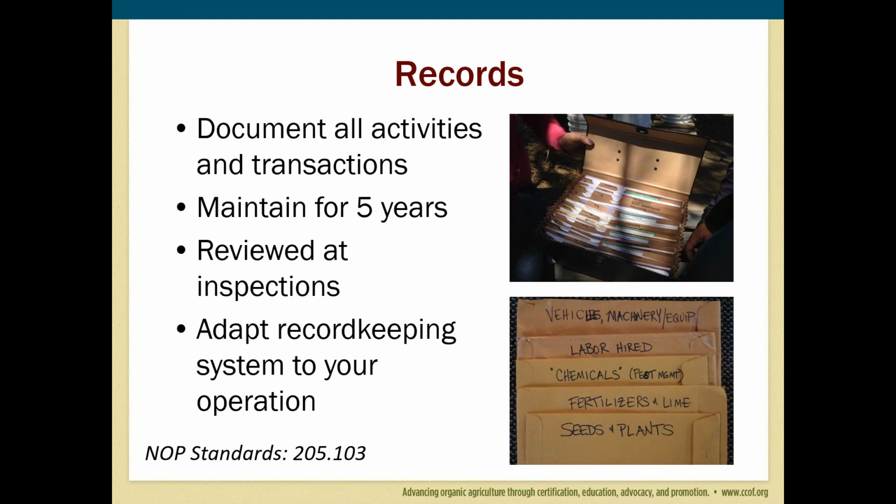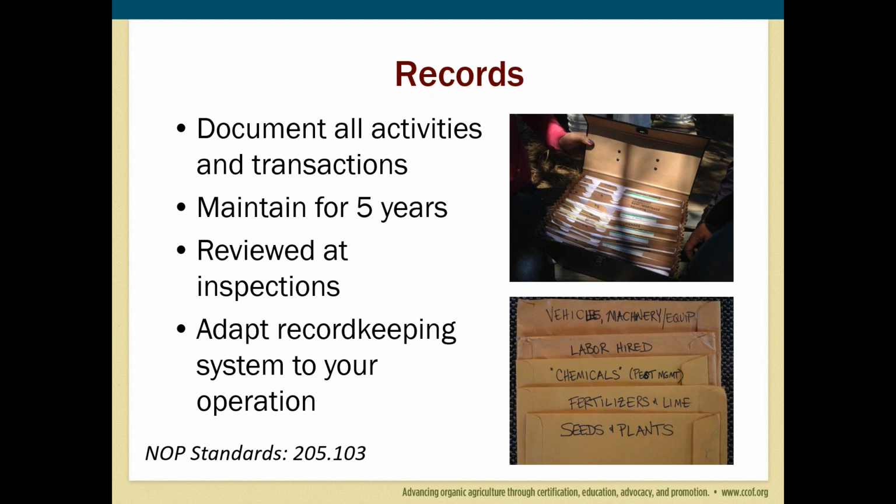So this is where I think record keeping can become a little less daunting once you recognize that you don't have to do it a certain way. You need to do it in the way that works for your operation. And how that plays out is that we see everything from computerized tracking systems to apps to the kind of old-fashioned hard copy stuff you see in the photos.